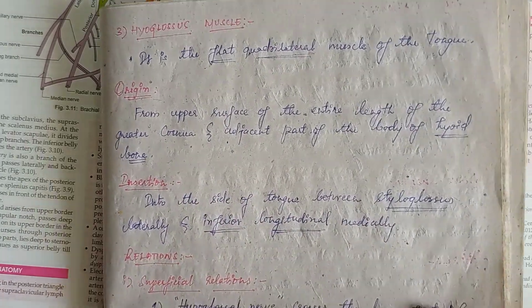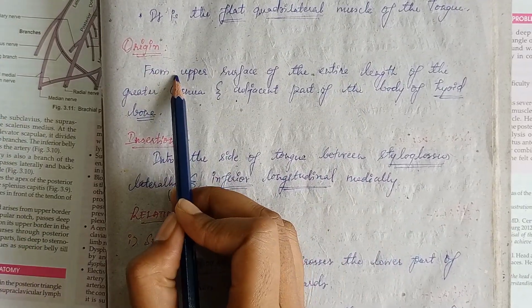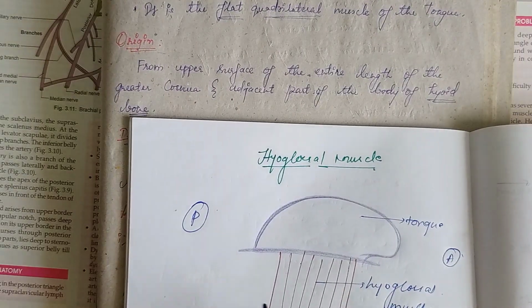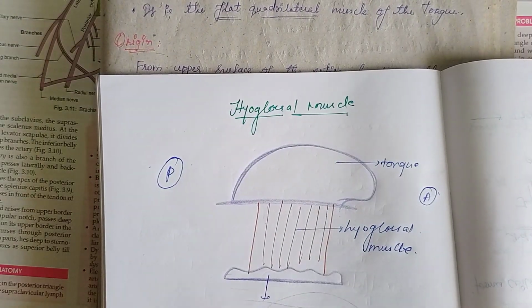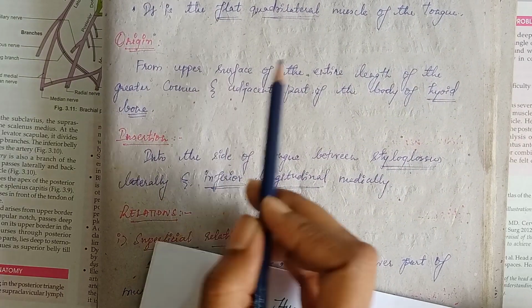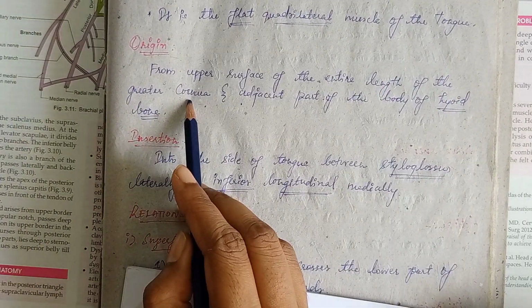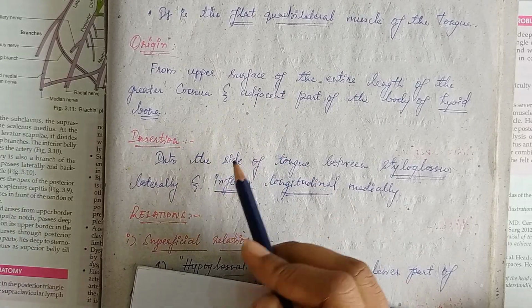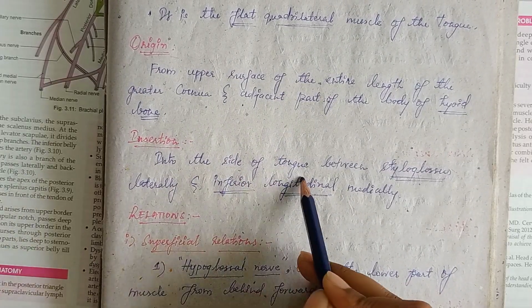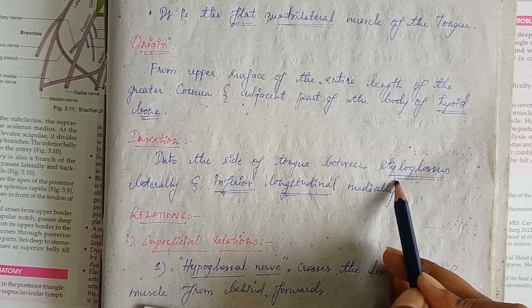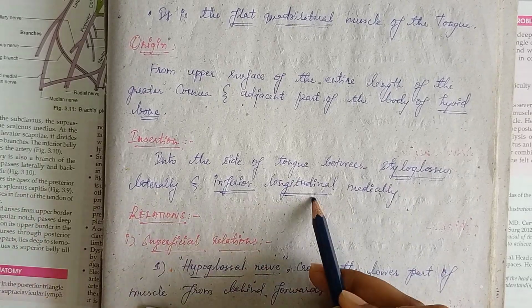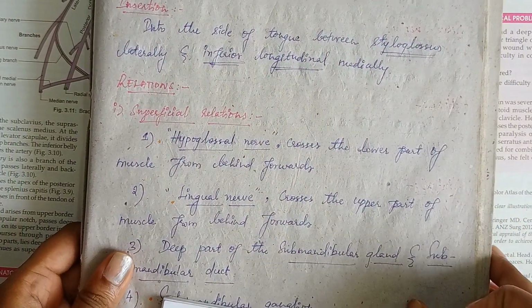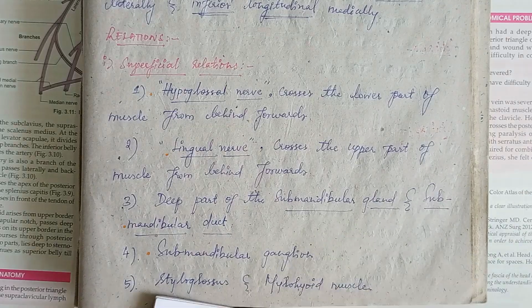The origin is from the upper surface of the entire length of the greater cornua and the adjacent part of the body of the hyoid bone. This is the origin, and the insertion is into the sides of the tongue between the styloglossus laterally and the inferior longitudinal muscle medially.